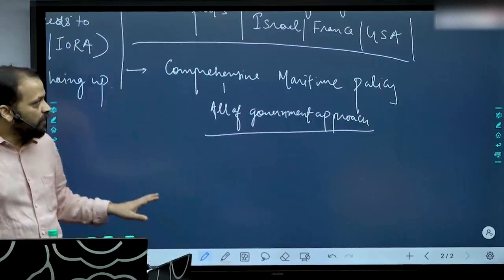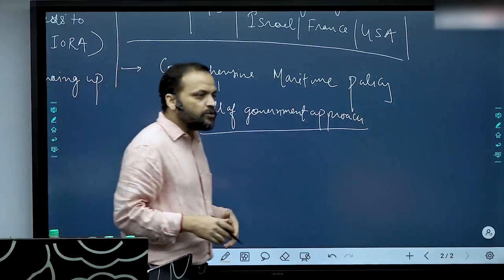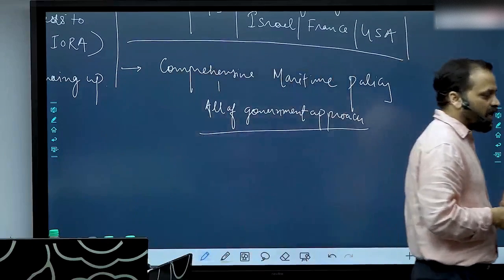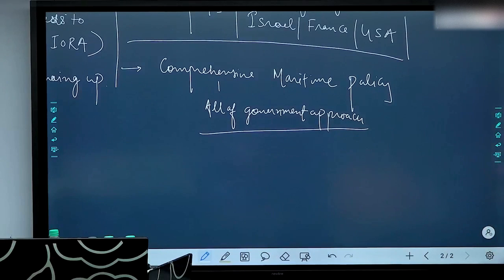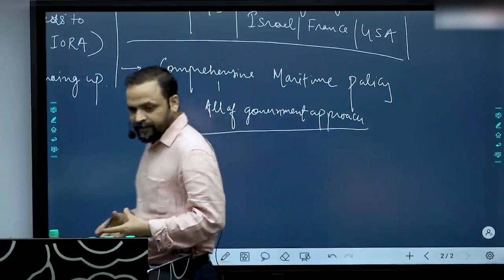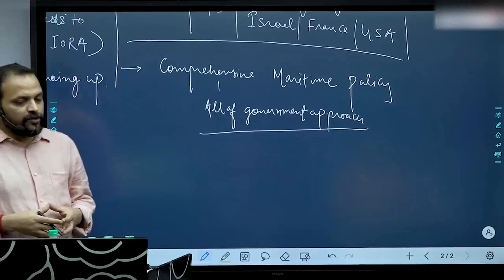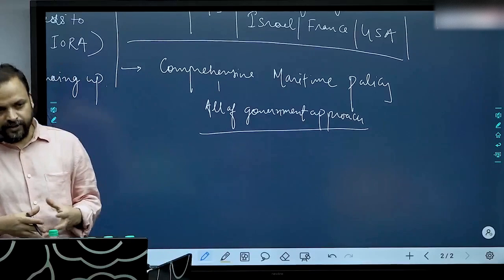So that is what we are talking about. India needs to have a comprehensive maritime policy. India needs to define its approach towards larger oceans, define how it is going to achieve the goals it has set, and which are the important stakeholders. You will see we are moving in that direction.